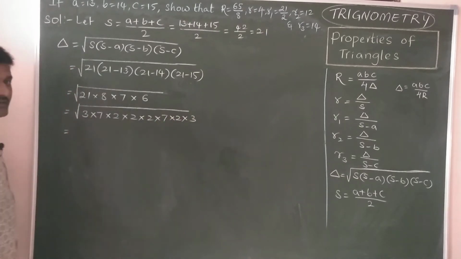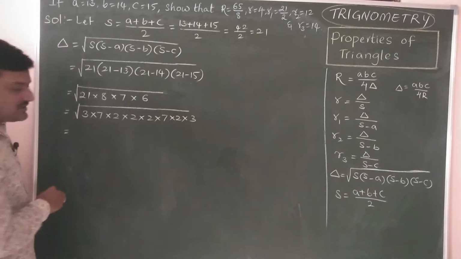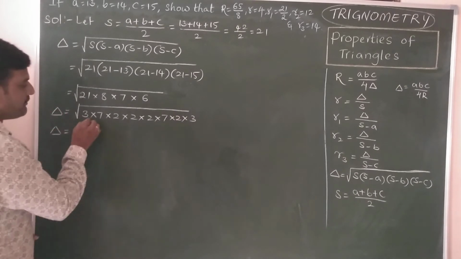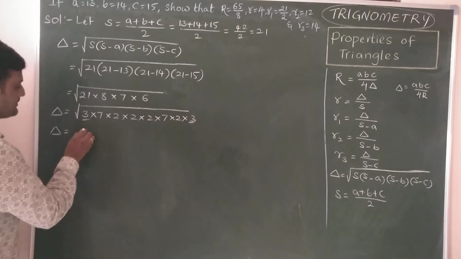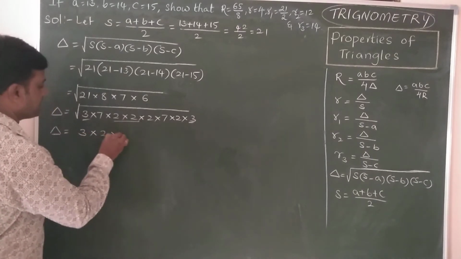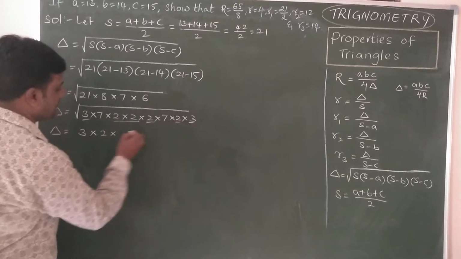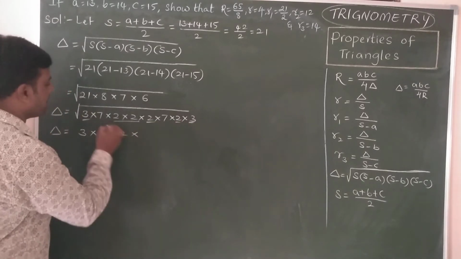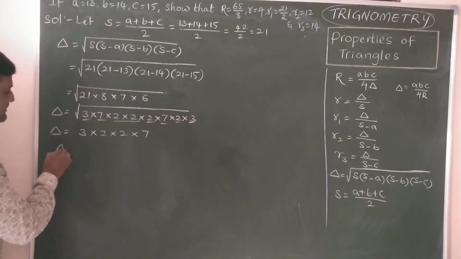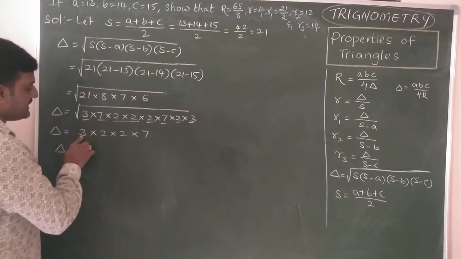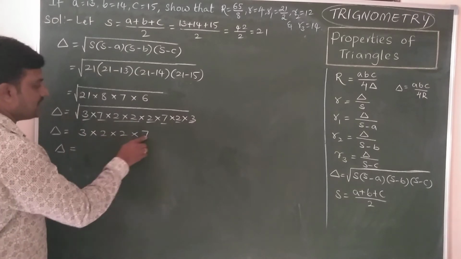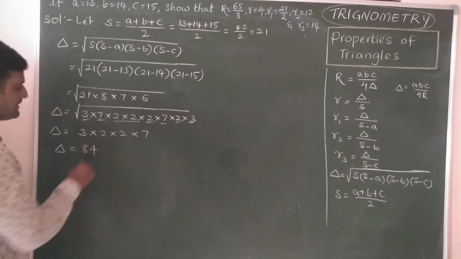Now cancelling the square root, delta equals: for two 3's write one 3, for two 2's write one 2, for two 2's write one 2, for two 7's take one 7. Then delta equals 3 into 2 is 6, 6 into 2 is 12, 12 sevens are 84.